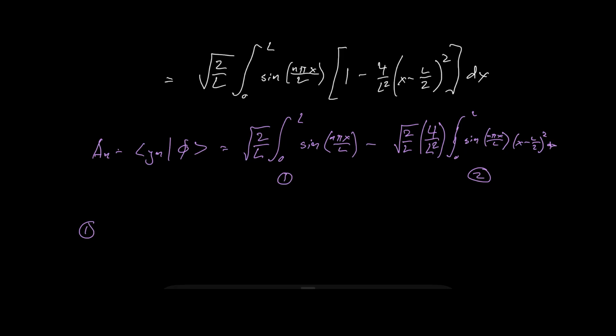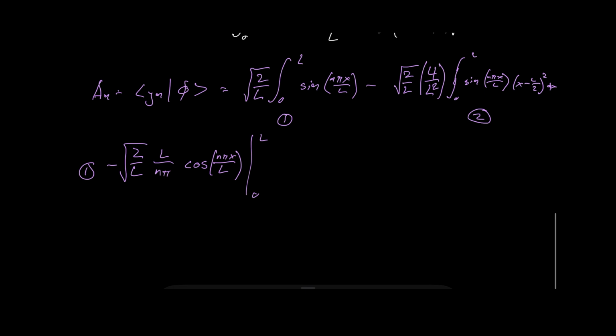So we get negative square root of 2 over L of cosine, oh, oops, we also need this term, sorry, L over n pi, cosine of n pi x over L, evaluated at L and 0. And that's it for the first one. So we'll go ahead and solve that.